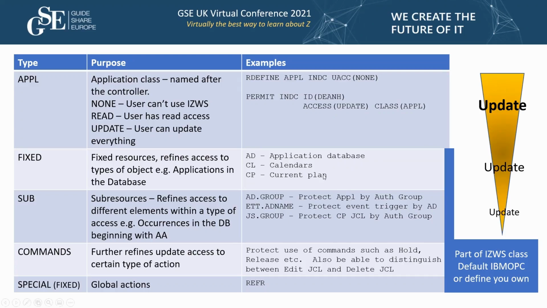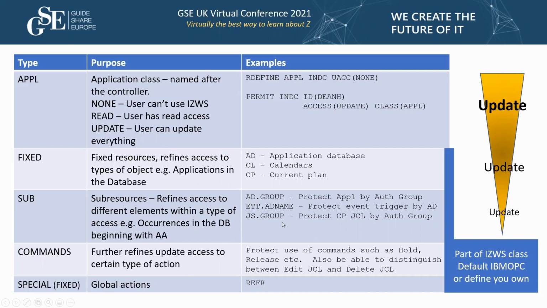I can't do anything other than put my own authority group in, which means the only stuff I can create in ICWS is stuff that belongs to and can access my business role. Same with ETT and JS. There's all of these things. You'll have to go look in the manual for all of them because there are so many different sub-resources you can use.